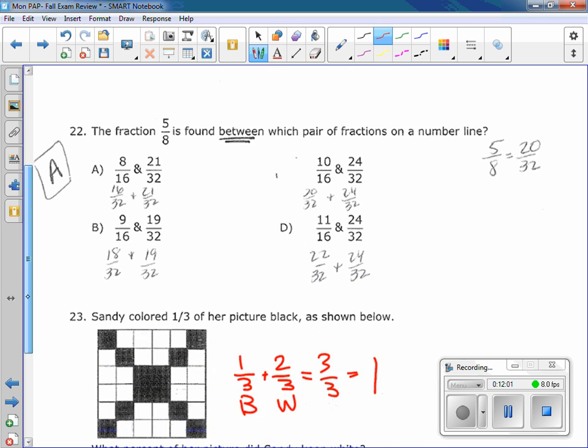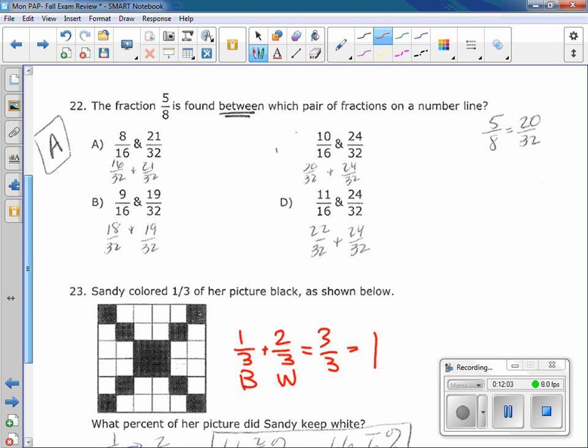So on number 22, I had some people ask about that. A lot of people told me that they chose answer choice C because this was exactly the same as that. But remember, it says between which pair. So if you have a number line, and this is 10 over 16, and this is 24 over 32, I want to know what number is between here.